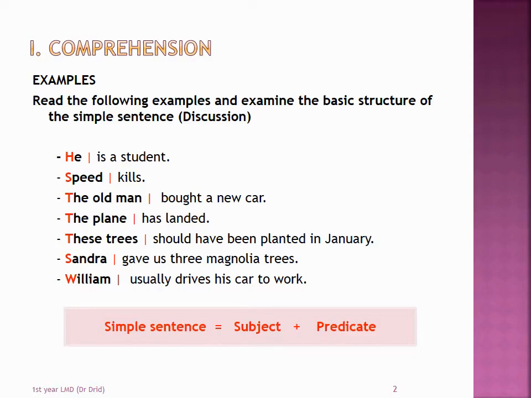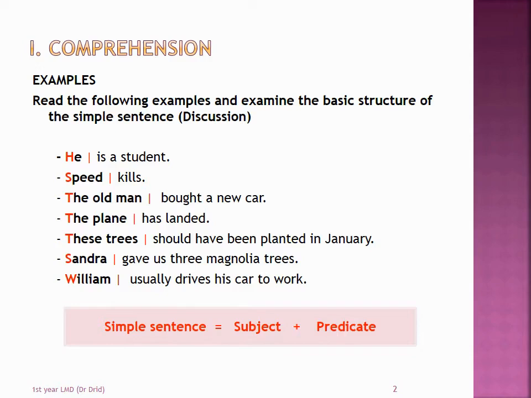The first thing that we can say about these sentences is that they are a group of words, but not any group of words. They have a fixed structure. They follow certain rules of grammar to be put together in order to make meaning.